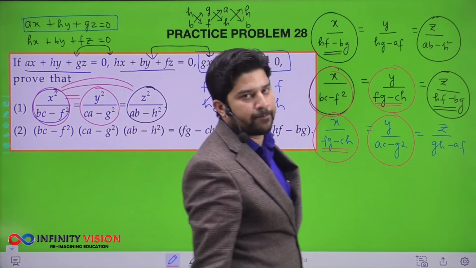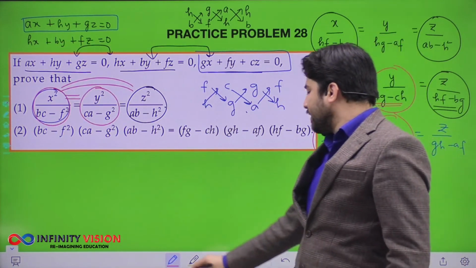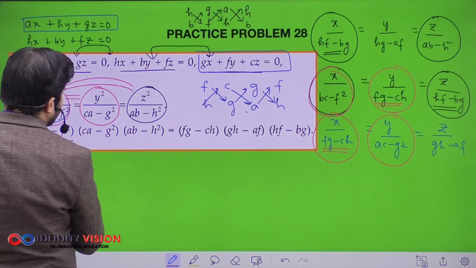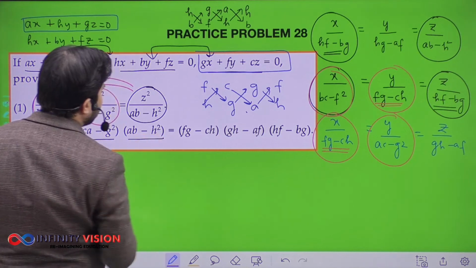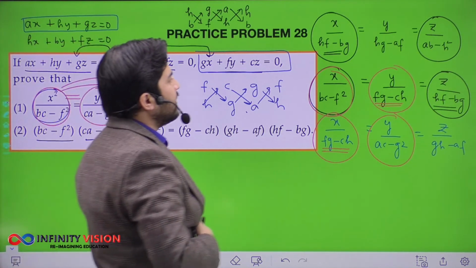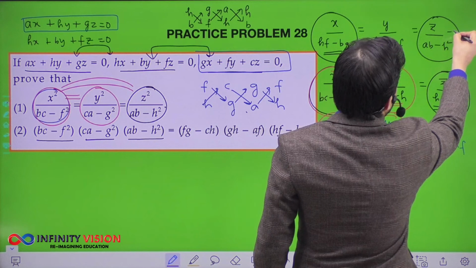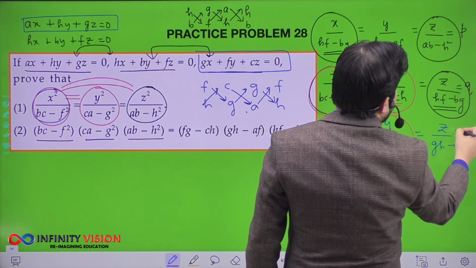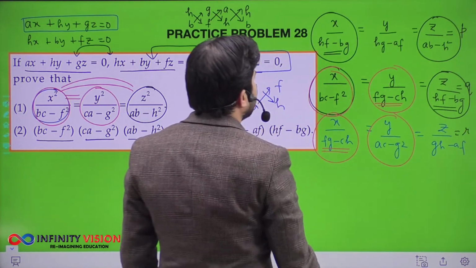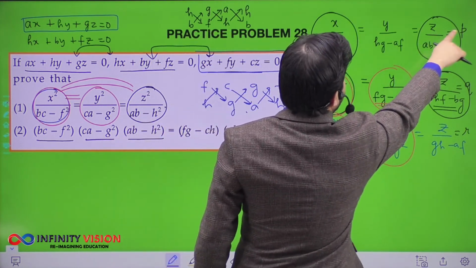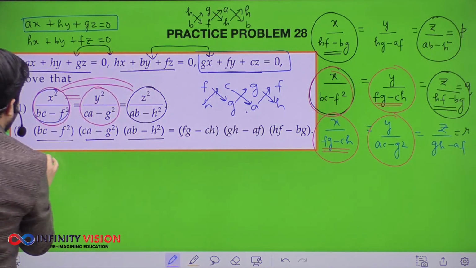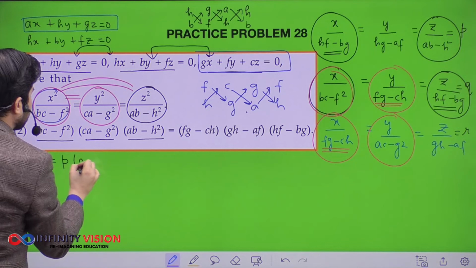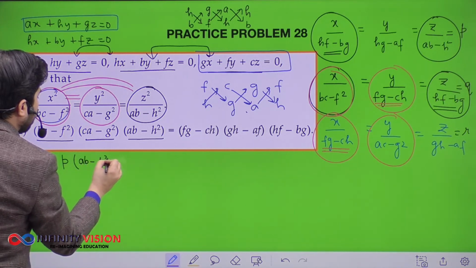Now the second part is, what you need to understand, that you need to have bc minus f square, ca minus g square, and ab minus h square together. And let's say my first set, this is equal to, let's say, p, this is equal to, let's say, q, and this is equal to r. So what I can see, that my z is p into ab minus h square.